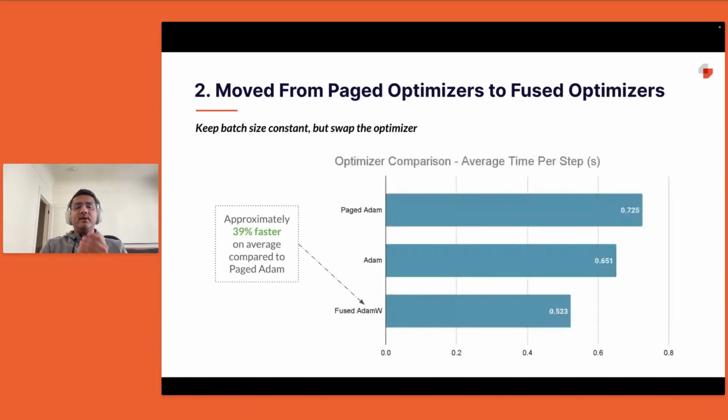Essentially, we decided to now take a look at the entire training process and sort of remove things piece by piece by understanding the implications of each of the decisions we made. And the first one that we decided to look at was the optimizer of choice. The reason we decided to look at this first is because in the original QLoRA paper, the implementation suggests that using a paged optimizer, which I'll talk about in a moment, helps prevent the effects of memory spikes by offloading the optimizer state from GPU memory to CPU memory.